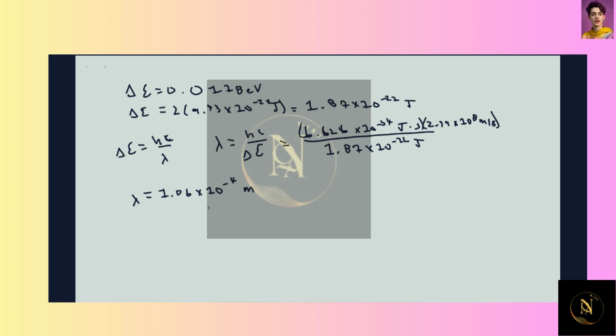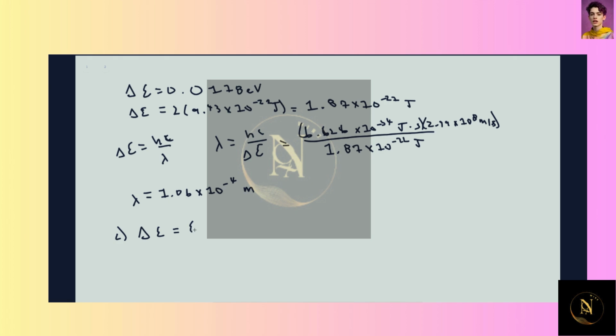So now for part C, it wants to know what is the energy difference for any delta n equals 1 transition. So we want to know the change in energy for any change of delta n equal to 1.